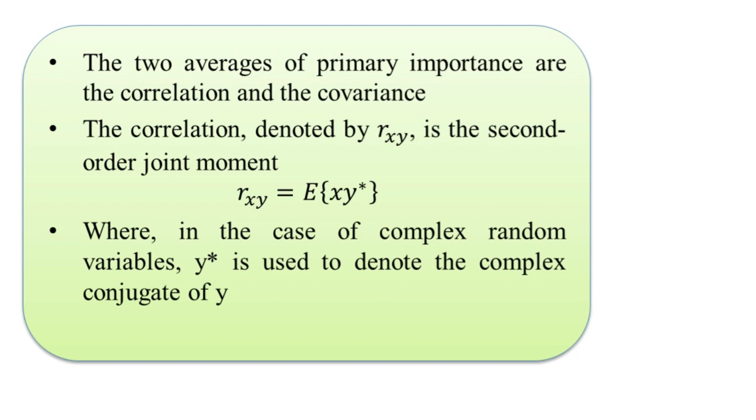So this is the simple mathematical way to obtain the correlation. Correlation is the first, or primary, ensemble average with respect to the joint probabilities.